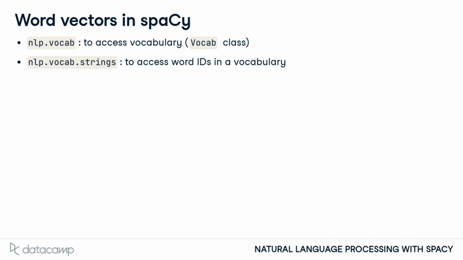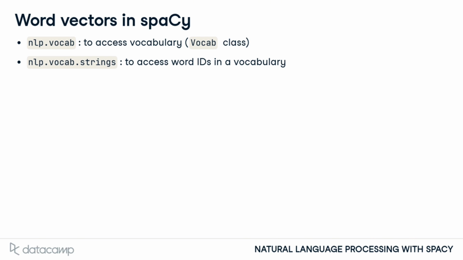When using spaCy, we can only extract vectors of words that exist in a model's vocabulary. We use the nlp.vocab method of a spaCy model to access a vocabulary object. Then the nlp.vocab.strings attribute of a vocab object can be used to access word IDs in the vocabulary.